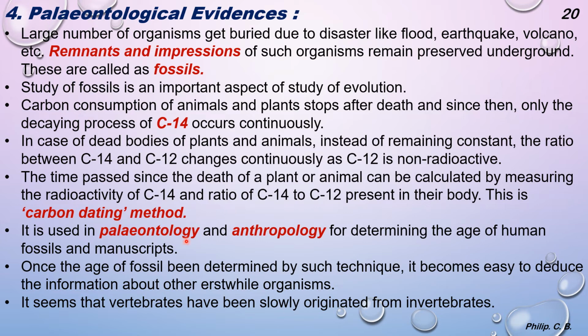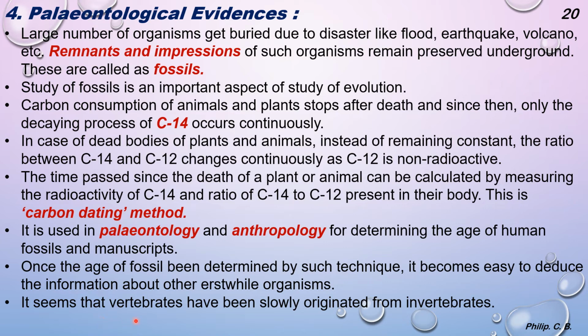Now it is used in paleontology and anthropology for determining the age of human fossils and manuscripts. Once the age of fossils has been determined by such a technique, it becomes easy to deduce information about other erstwhile organisms. Means once you know about one particular fossil, we can easily relate and learn about other fossils, other species which were present during that period of time.